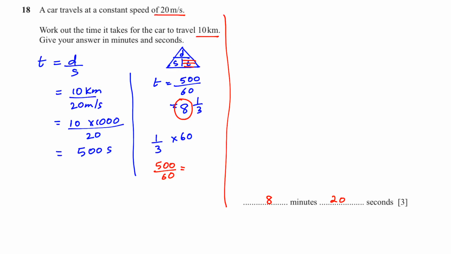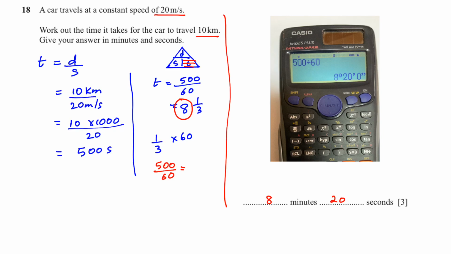And whatever answer you get, I'll show you what to do with it. When you divide 500 by 60, you'll get a decimal. Just press this button, and you will get 8 minutes and 20 seconds directly in the calculator. You will not have to do any other calculation.